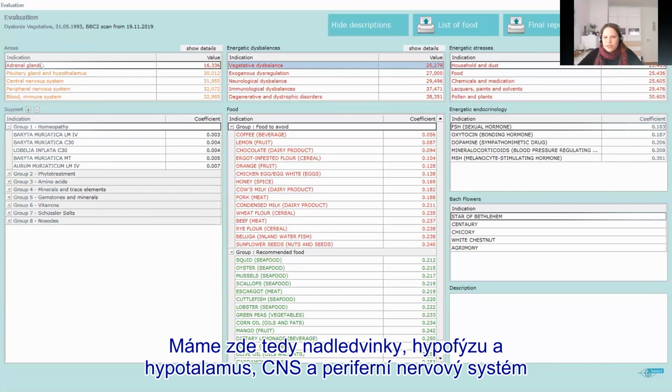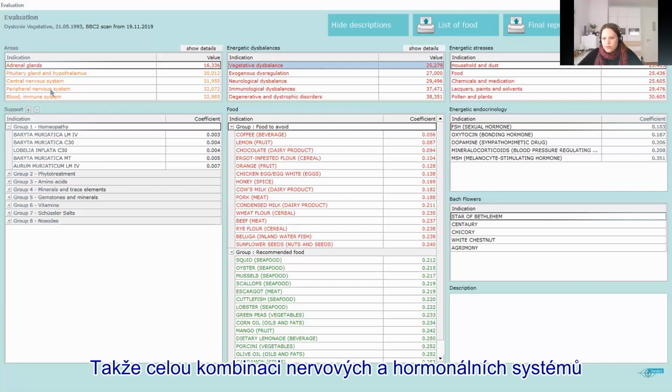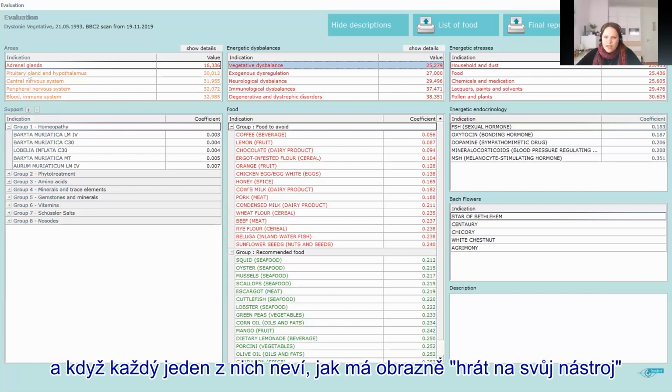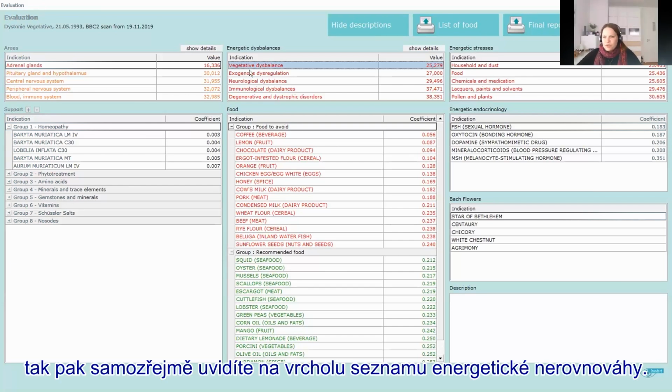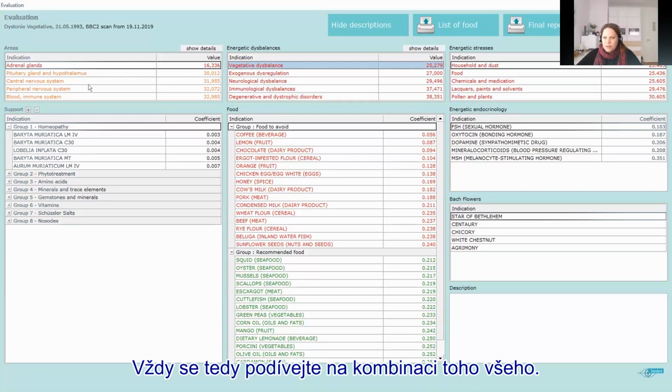So we have the adrenal gland, the pituitary gland and the hypothalamus, the central nervous system, and the peripheral nerve system. So the full combination of nerve system and hormone system, and when they are all not knowing how to play their instruments, like musicians who don't know how to play, of course we will have an energetic disbalance listed on top. So please see the combination of this.